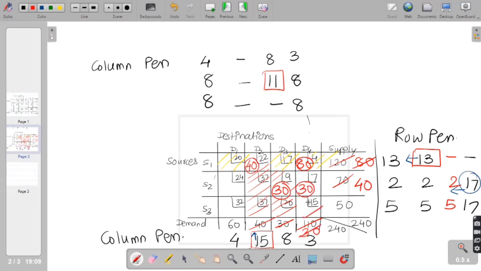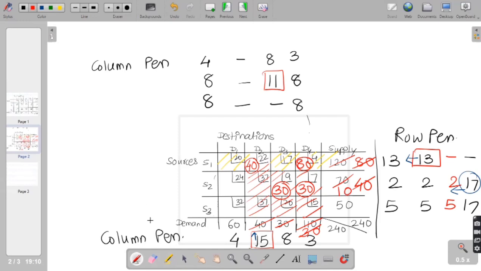And that is how the requirement at destination 4 is fulfilled. And now no more units are required at D4, but at source 2 we are left with 10 units. Now we are left only with two cells, that is S2 D1 and S3 D1. So at S2, as per the algorithm, we should go for the least cost.